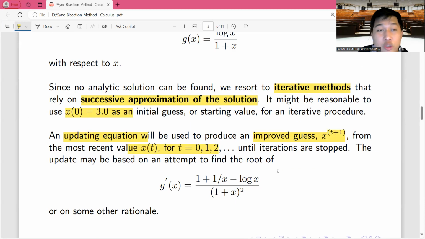So as we iterate, we inch closer to our goal, the maximum of g of x, until we reach the best convergence, or the iteration will stop.